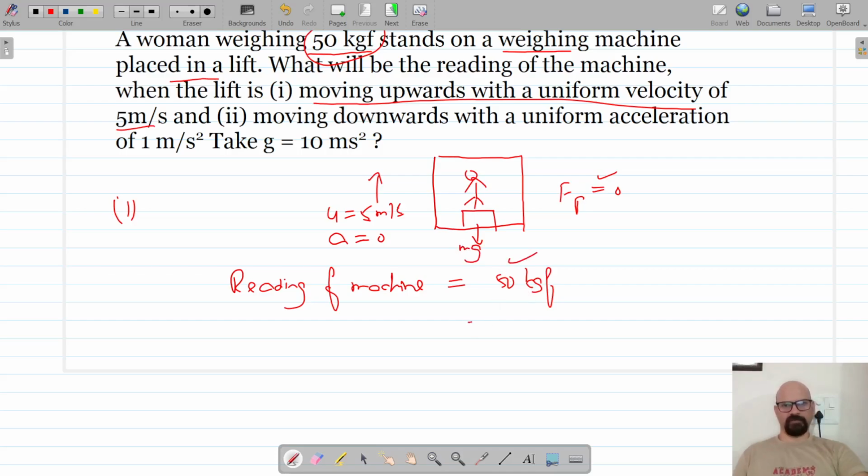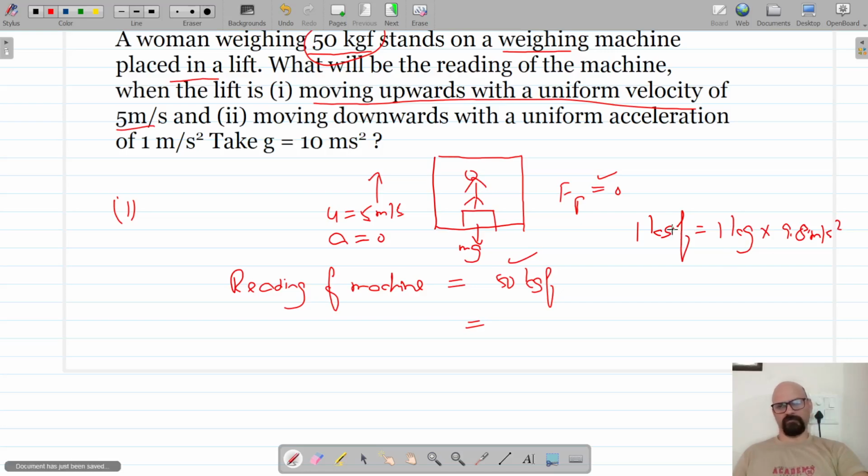It's given as 50 kgf, and we know that 1 kgf is equal to 9.8 Newton, because 1 kgf is the gravitational unit of force, equal to 1 kg into 9.8 meter per second square.